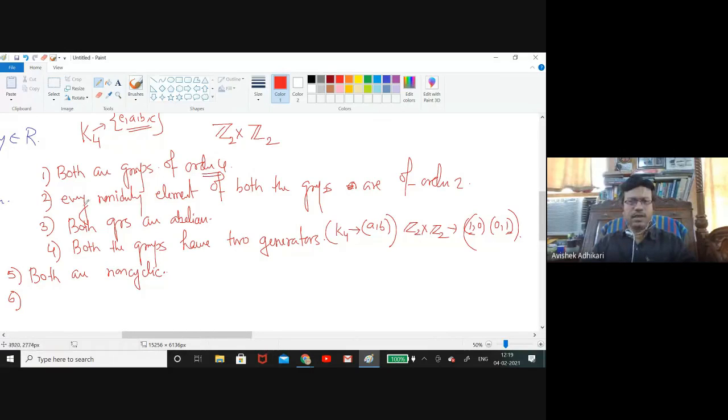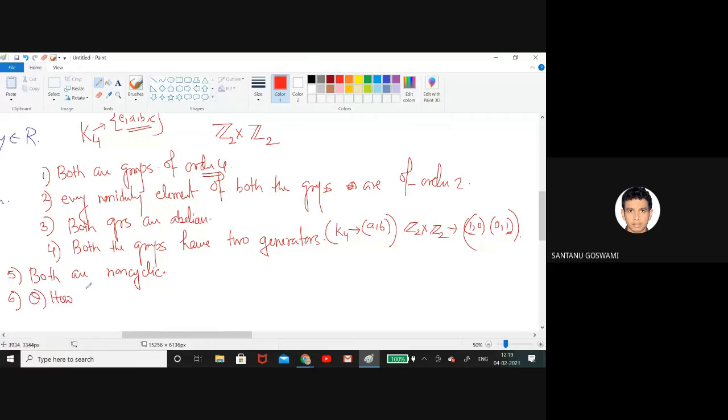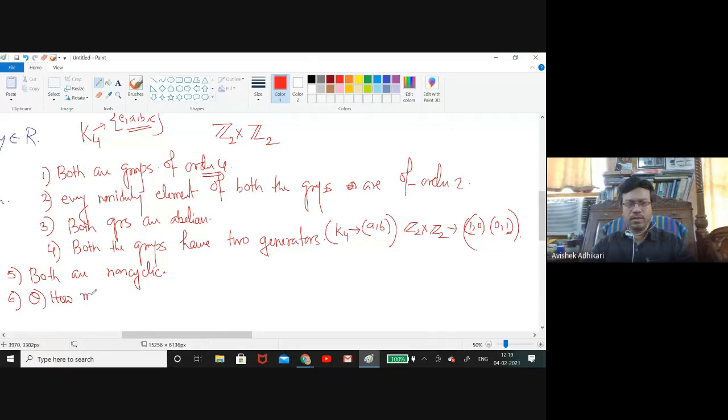Now if you look at the number of subgroups, how many subgroups are there for K4?